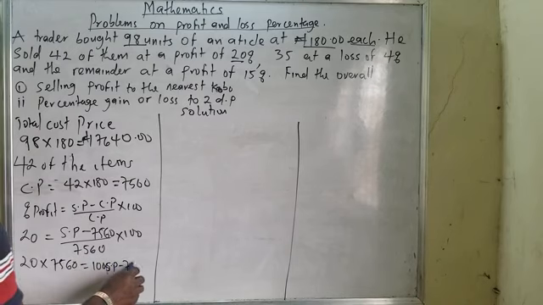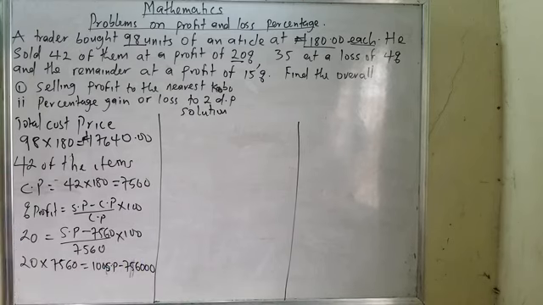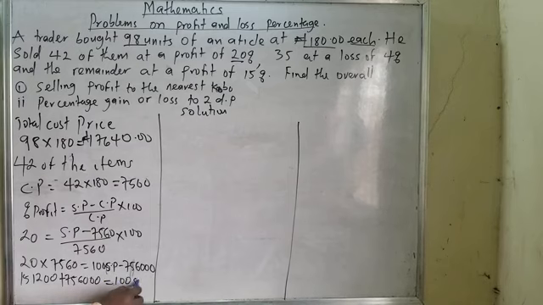7,560, which I will cross multiply, multiplying like terms. This times this will give me 151,200 minus, plus, which is going to be 756,000 equals 100 selling price.